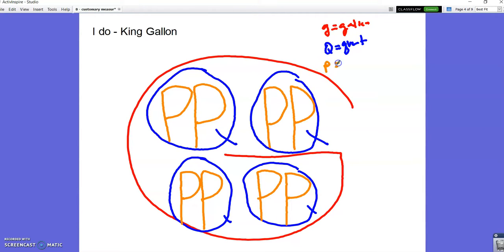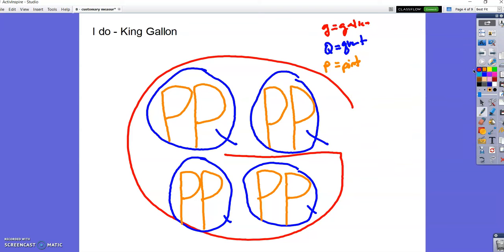And that's because P is for pint. So you can see 2 pints make a quart. 1, 2, 3, 4, 5, 6, 7, 8 pints make a gallon. And each prince or princess, to keep them company, their queens got them 2 cats.